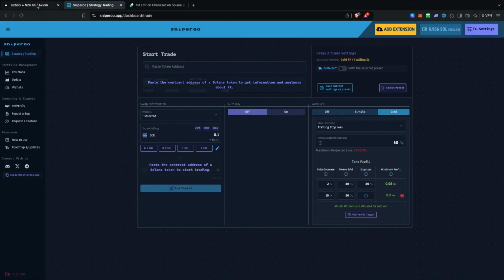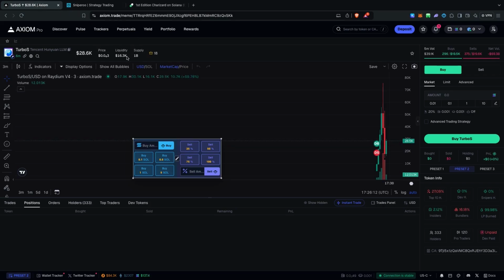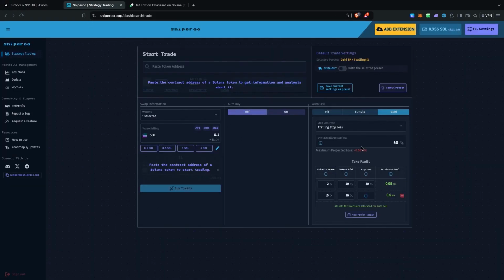None of these platforms, Axiom, bullx, Photon, has got such sophisticated auto sell features. The reason why I'm in love with Sniperoo is that the auto sell features prevent you from experiencing rugs. If you are tired of being rug pulled, you better use Sniperoo, because Sniperoo makes it impossible.